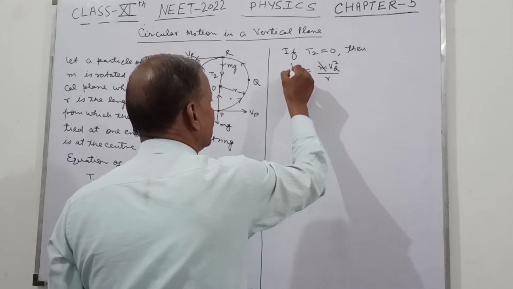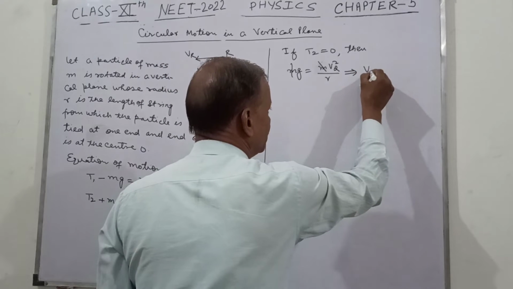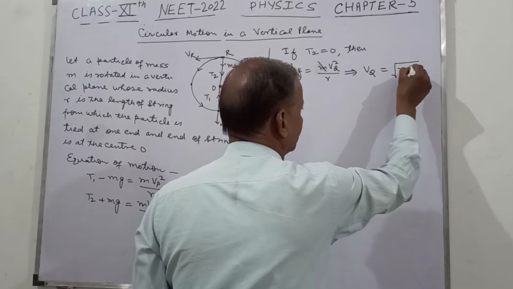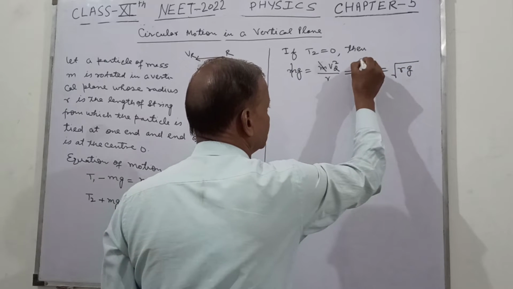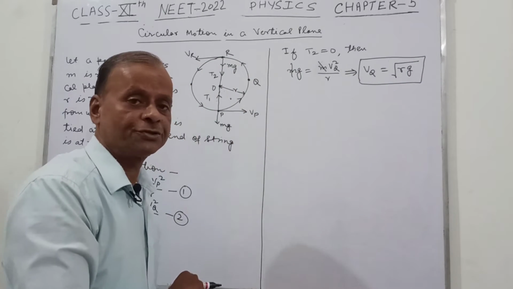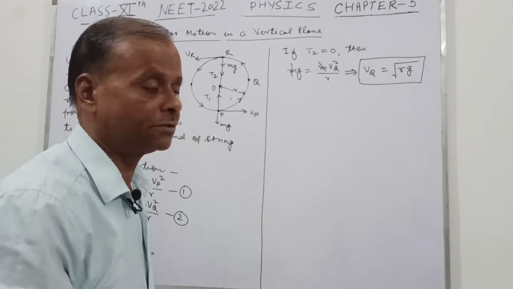So this m and r will cancel. So this vq is equal to square root of rg. This is the minimum velocity for the body to move in the circular path.